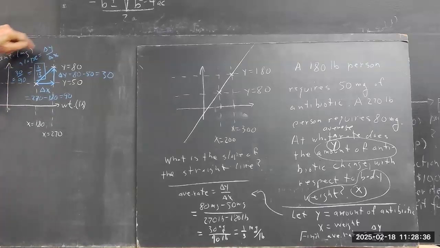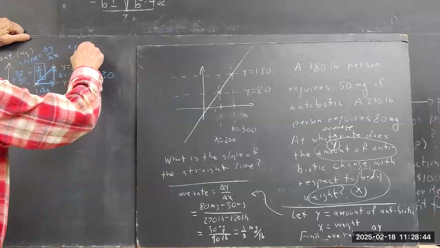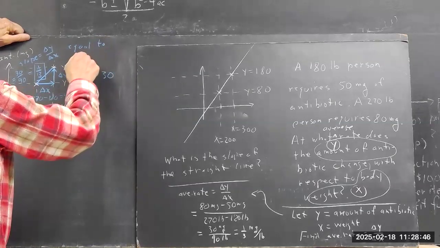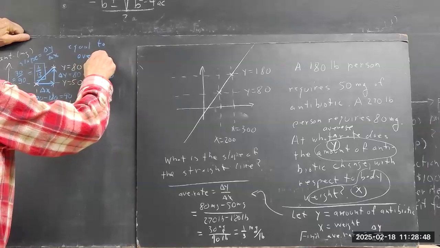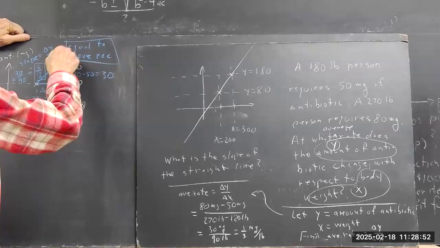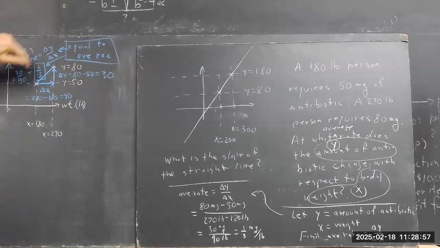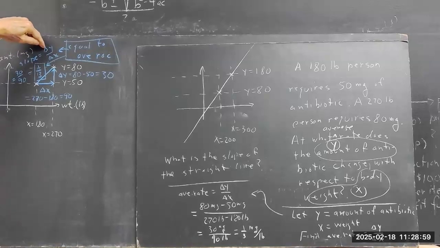So this calculation of the slope gives us the average rate of change. Right, there's the definition of average rate of change.